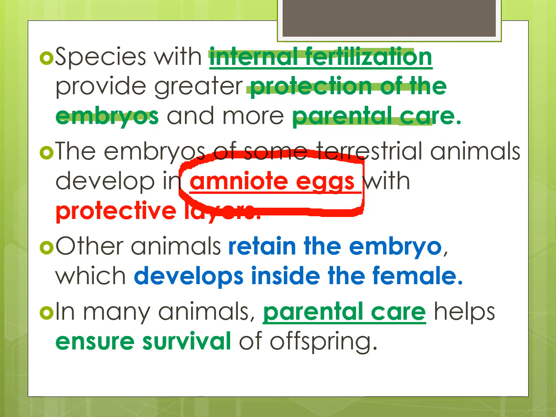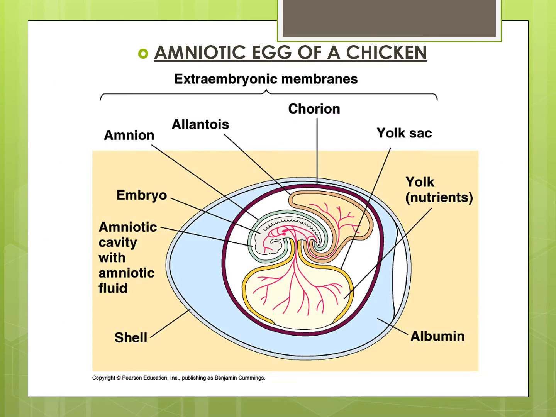Let's look at the structure of an amniotic egg of a terrestrial organism, in this case, a chicken. We have an embryo which is developing within an egg, and that egg has a shell which is generally made up of a high percentage of calcium.